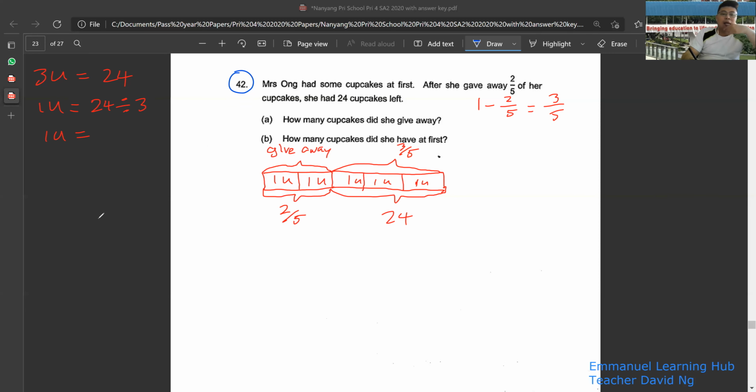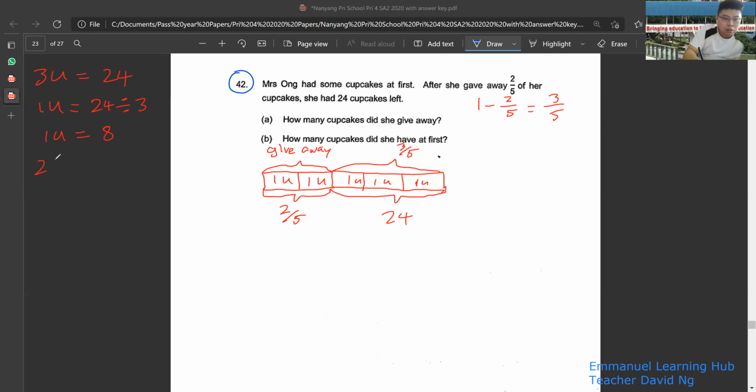I don't know. Huh? You don't know 24 divided by 3 is how many? No. You should know. Primary 5 next year, you should know. 8. It's 8. Okay, at least you can tell me it's 8. So 1 unit is 8.